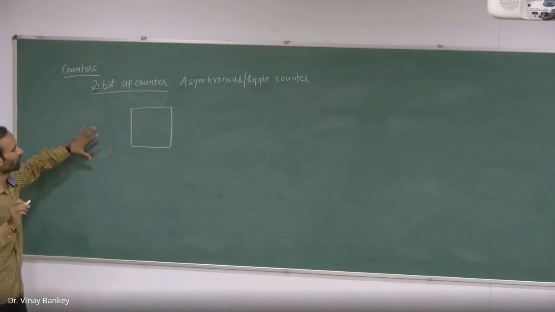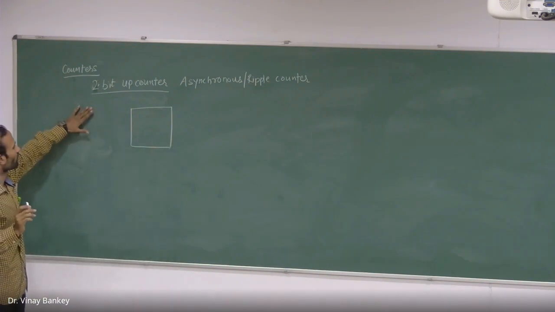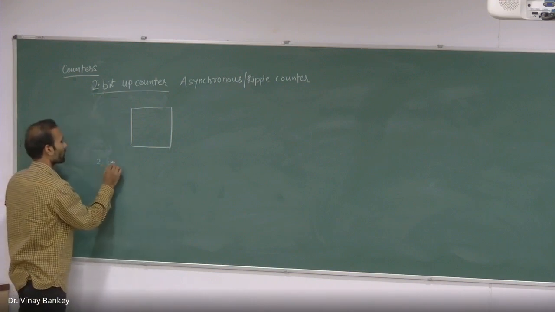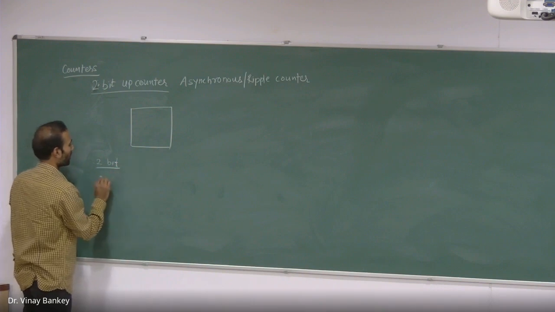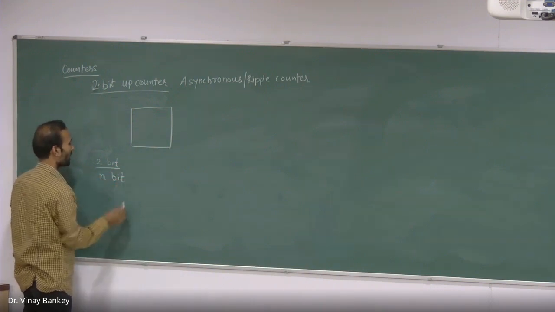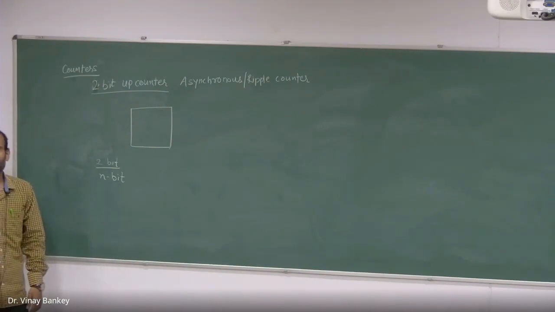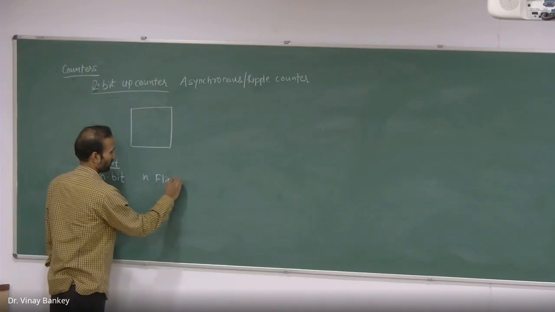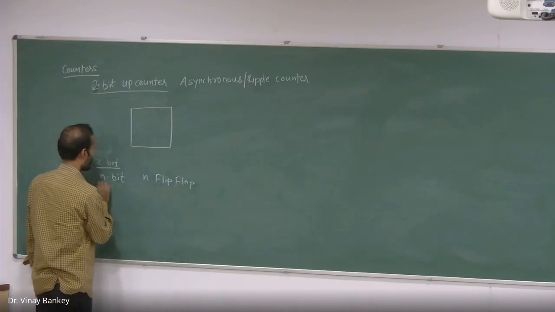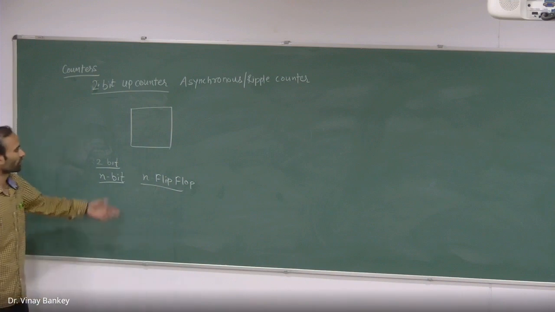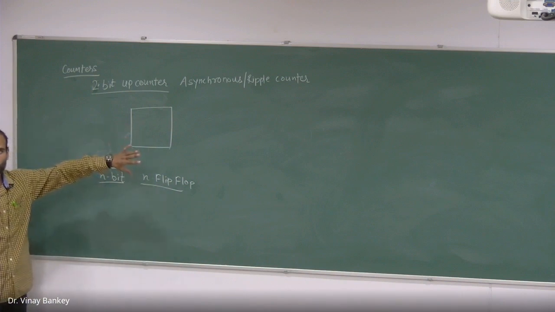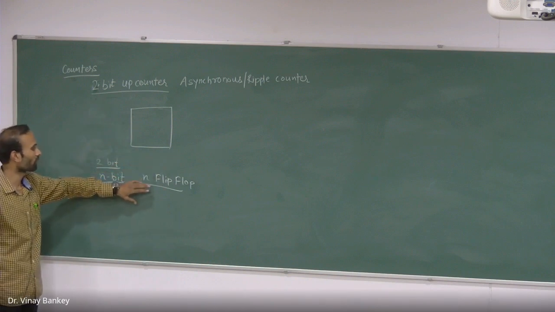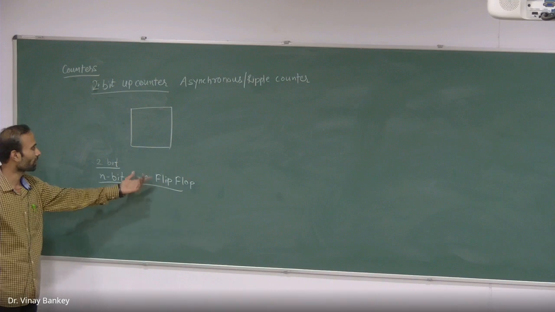So in the previous lecture also you saw this diagram. First of all, there are a few statements for these counters. Let's suppose we want to design an n-bit counter. So how many flip-flops do we require? N flip-flops. And how many states will this counter count?